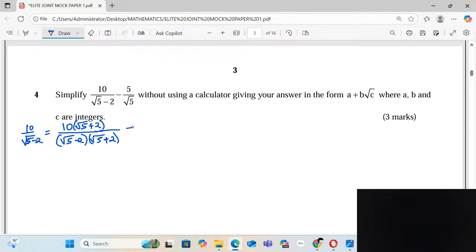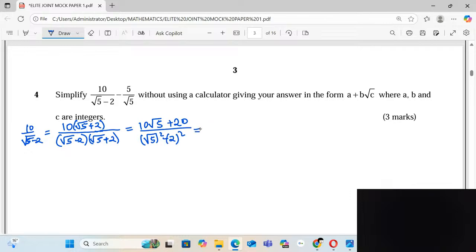So that when we simplify further, when you open up the brackets, we're going to get 10 root 5 plus 20 over root 5 squared minus 2 squared.